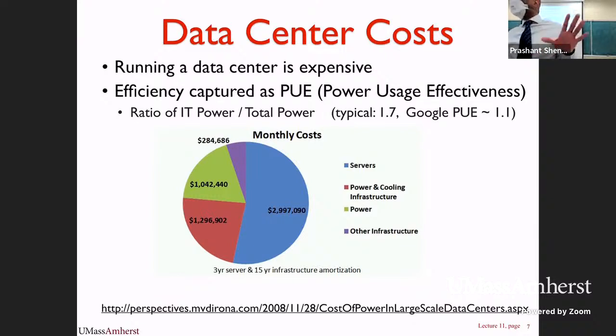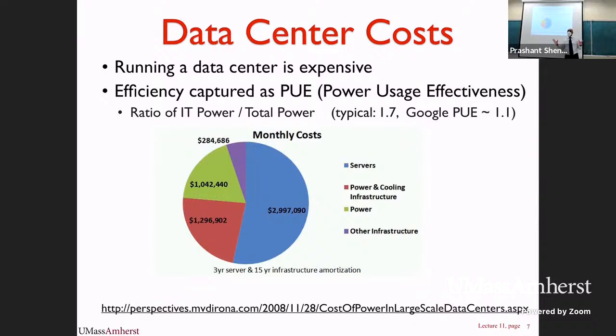Now, 10 years ago, if you took a standard data center and asked what is its PUE, you would get a number that's almost close to 2. That means for every 1 unit of electricity you put in your server, you're spending another unit for everything else, like to power your air conditioners and power your network switches and routers and things of that sort. Okay? So that means your overhead is almost twice in some sense.